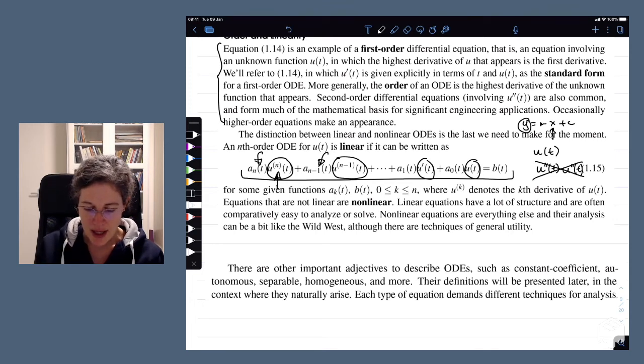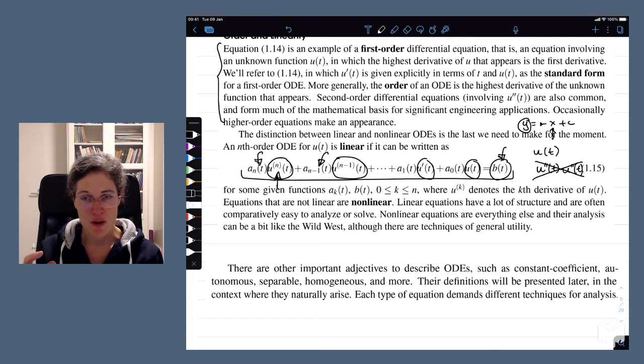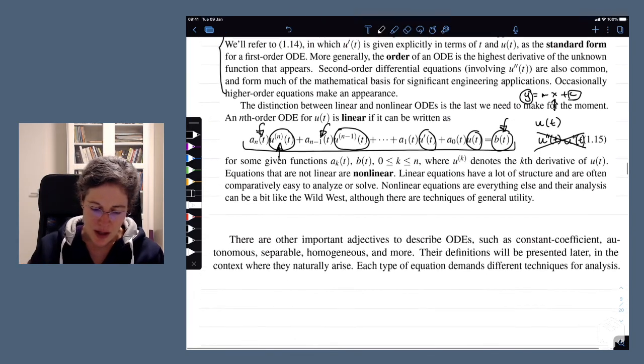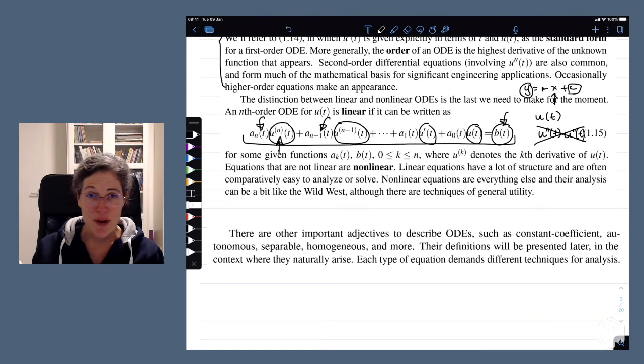That's it. And finally, we might have one term, which might not be the constant term, but it's the term that doesn't have anything to do with u of t, which is kind of acting like this c over here. So it might change over time, but it's not dependent on u. If you have a differential equation that doesn't look like that, then it's nonlinear. That's as good as it gets.